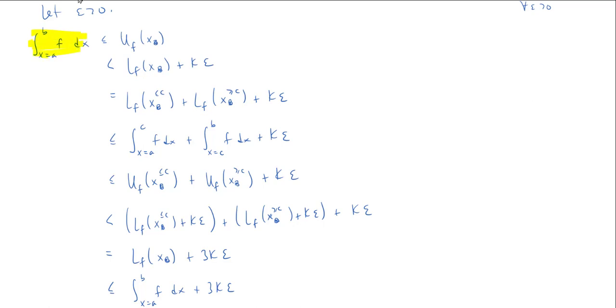Well, we have this one here, and we have this one here. So everything in this list has to be equal when you remove the epsilons. And so from here we can therefore imply that the integral of f from a to b is the integral of f from a to c plus the integral of f from c to b.